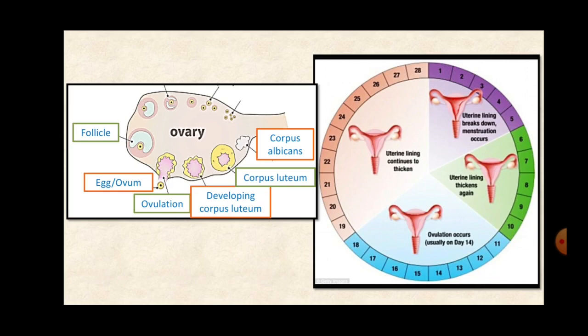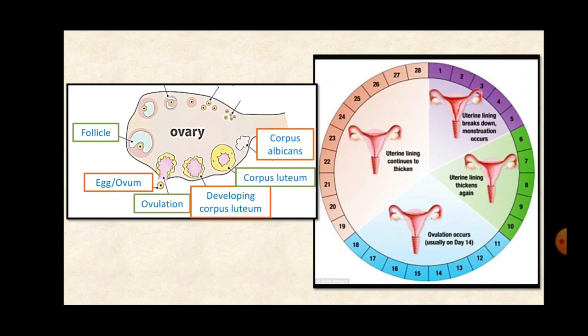Then in the next 8 days, from the 11th to the 18th day, ovulation occurs, which is usually on day 14 of the cycle. On this 14th day, if sperms are ejaculated in the vagina of the female, they travel towards the uterus and the egg is ready. If they fertilize the egg, the further formation of the zygote and embryo will take place.